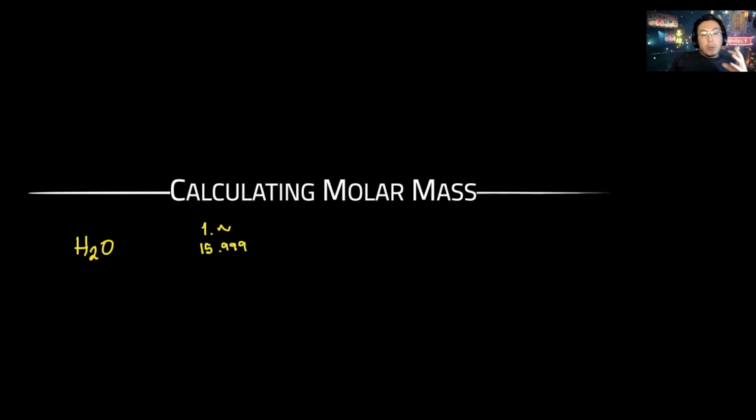In this case, we're going to be using whole numbers, with no decimals. So we're going to be rounding up or down, depending on the case, the molar mass for each element. So for hydrogen, it would be 1.0 something, so this would stay at 1. For oxygen, it's closer to 16. So we're going to be using 16 as our reference number, right?